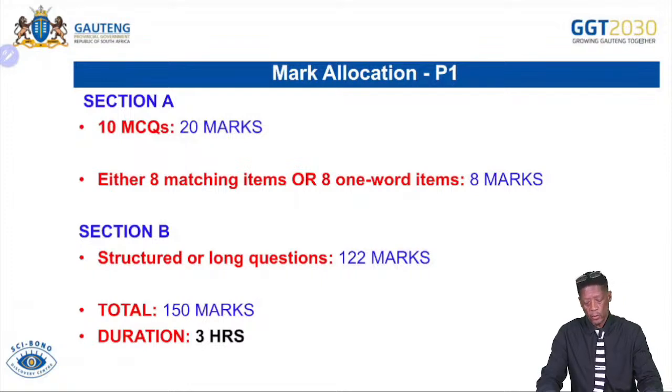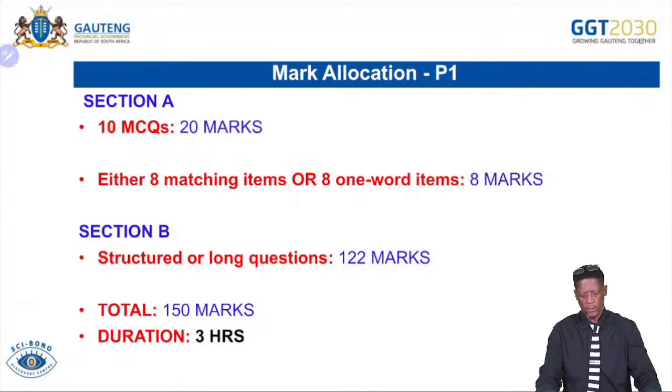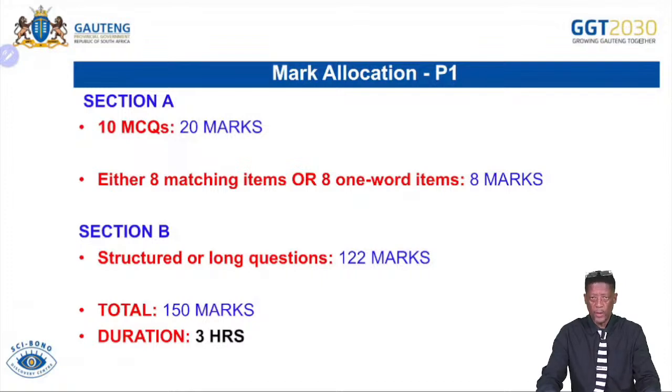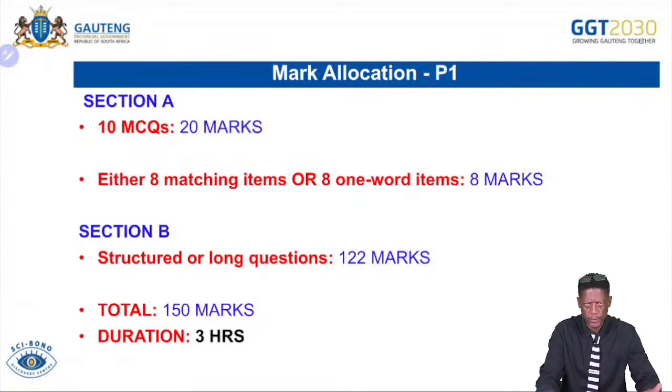The matching of the column is 8 marks, which is 1 mark each. And then we've got Section B. Those are structured questions, or we term them long questions, which are 120 marks. So all in all, you are going to be sitting for 3 hours for 150 marks. That is the allocation of the paper.